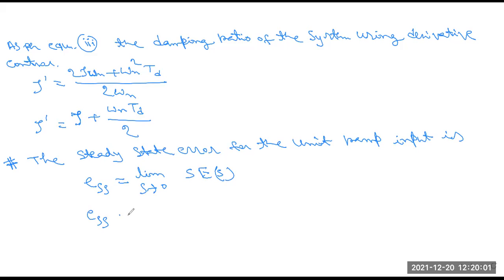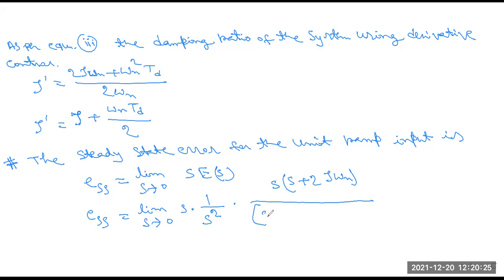So e_ss equals limit s tends to 0 of s into E(s), where, because it is a ramp input function, R(s) is 1 by s squared, times (s into (s + 2 zeta omega_n)) divided by s squared plus 2 zeta omega_n s plus omega_n squared T_d s plus omega_n squared.